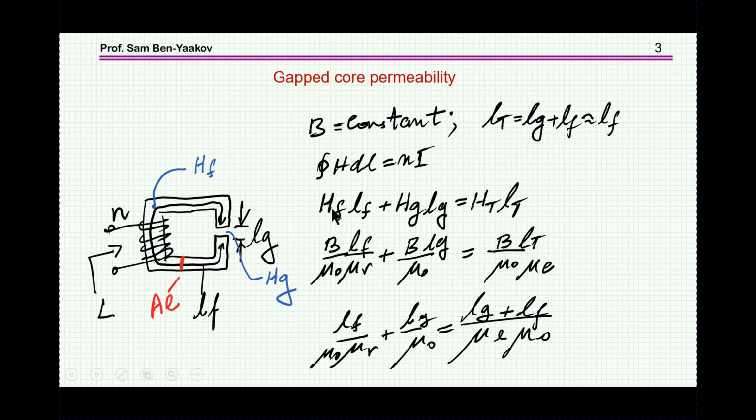Now replacing H by B over mu here and here and here, and then crossing out B, I'm getting this equation which relates again the different lengths and mu to the equivalent. Here, instead of H sub T, I've put B over mu 0 times mu sub E, which is the equivalent permeability of the total core.